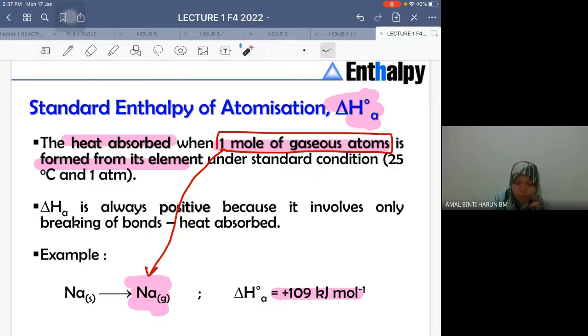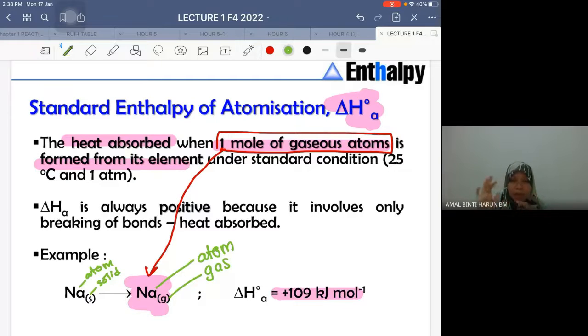So, you perhatikan gas ni, ini atom, ini atom, ini gas. Okay, sebelum tu dia apa dia? Sebelum tu dia adalah atom, tapi dia adalah solid. So, nak tukarkan solid kepada gas, kita belajar dah dulu kan. Solid macam mana? Disusun dengan rapat-rapat.